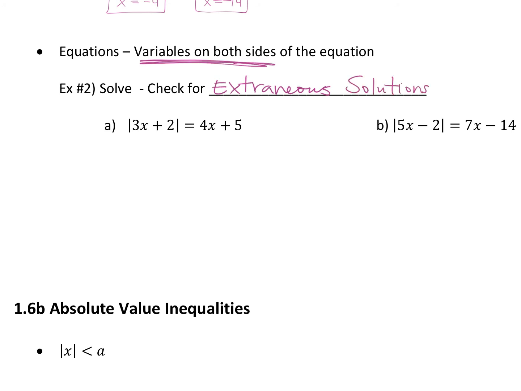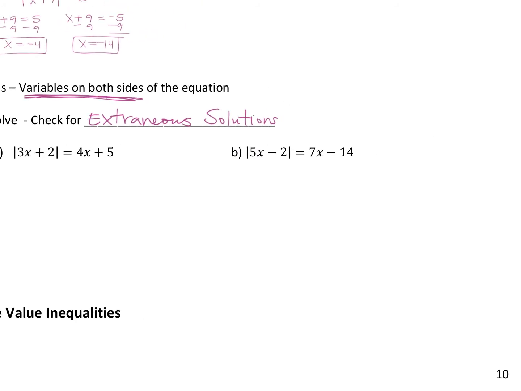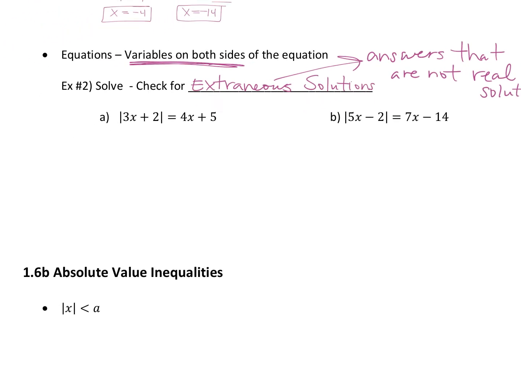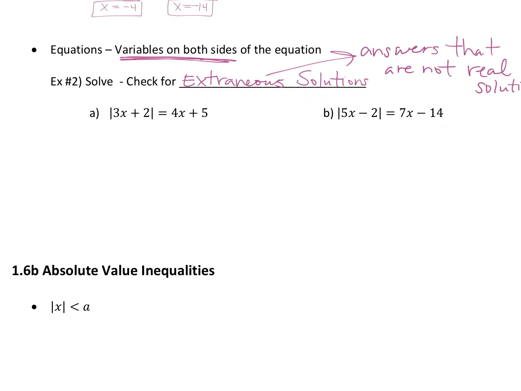Basically what that means, and you're welcome to write this, you don't have to, is answers that are not real solutions. Eventually you're gonna find ways that you can get a solution here, but they're not real solutions, okay? They're imaginary numbers or they're other things that you'll learn about down the road. For now, we're just gonna say that's extraneous and leave it at that.